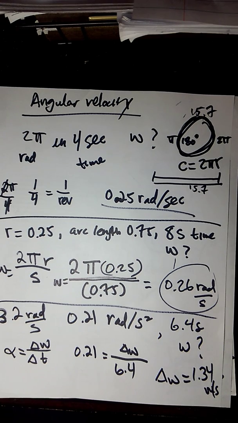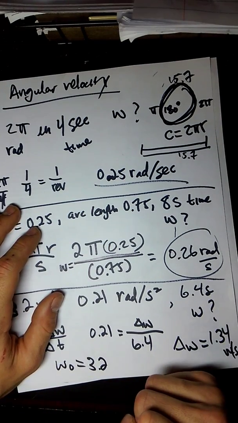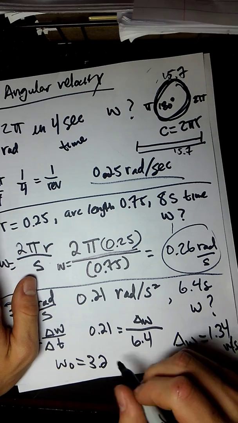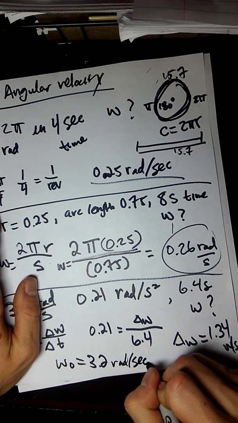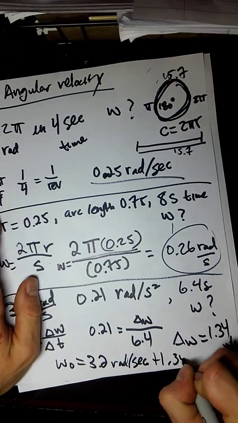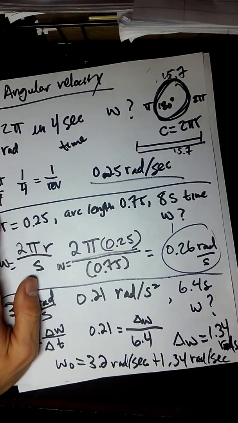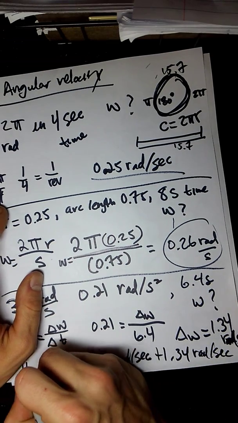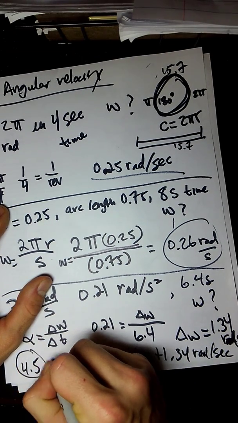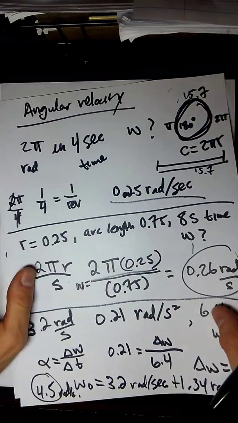So this thing had an initial velocity of 3.2, so W naught equals 3.2 radians per second. And then we add now our 1.34 radians per second. This isn't meters, this is radians per second. And then in this case, what we're going to wind up with is 4.5 radians per second as our final velocity. Okay, so that's angular velocity.